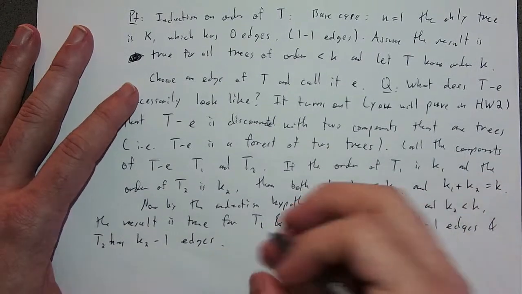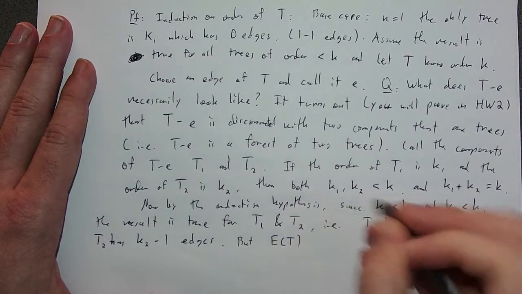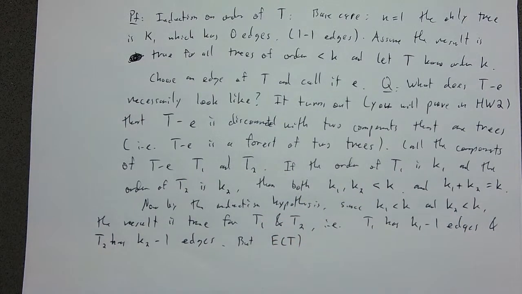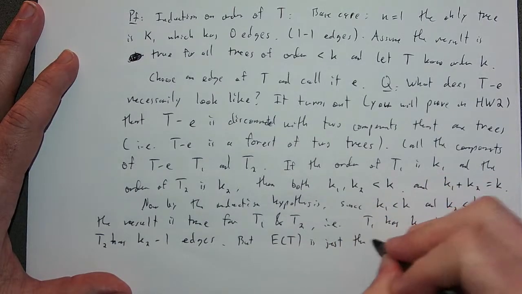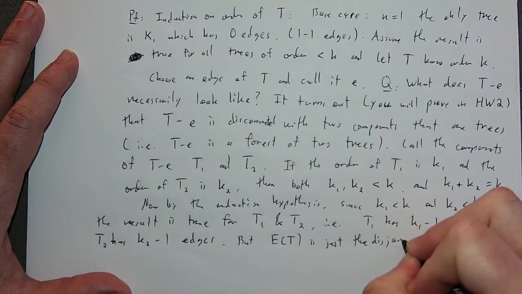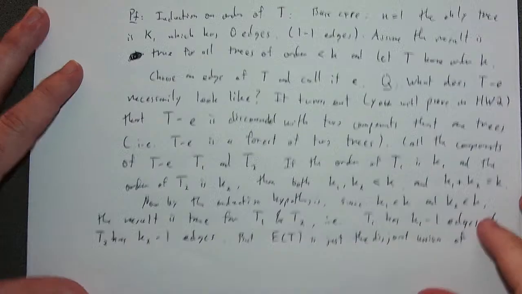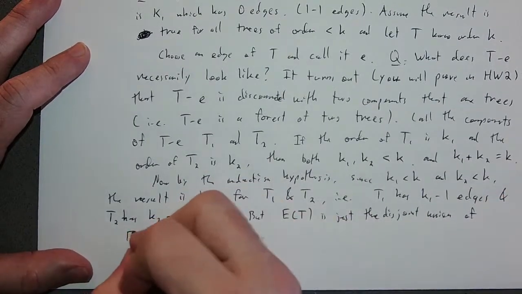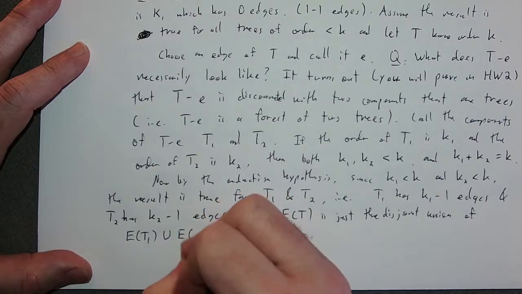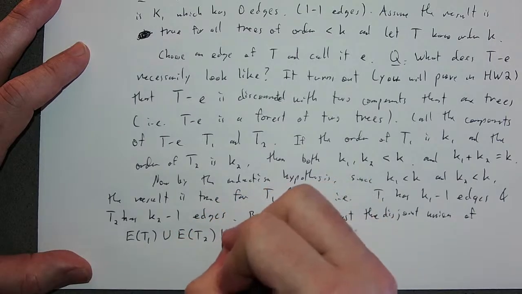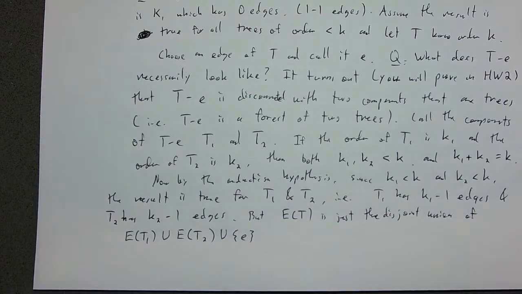But the edge set of the original graph T is just the disjoint union of the three sets of edges: the edge set of T1, union the edge set of T2, union the edge E. We're just adding back in the edge E.